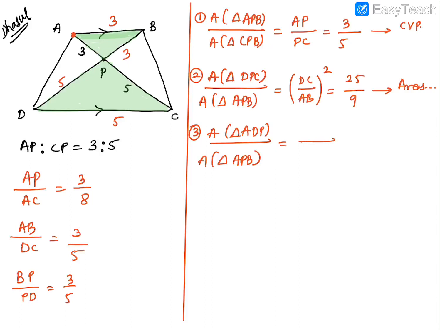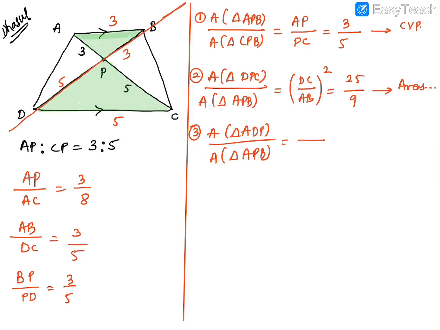A. And their bases are in a straight line here, like this. So here also, what will be the ratio? Area of triangle ADP upon area of triangle APB.